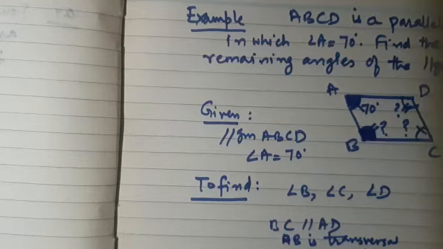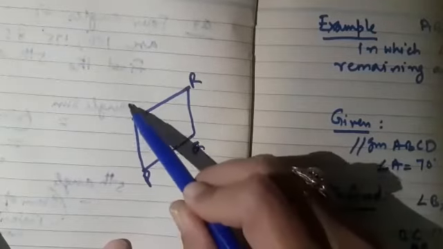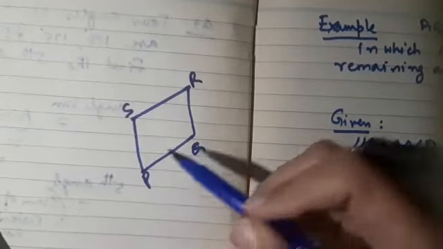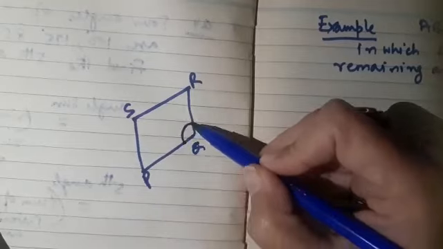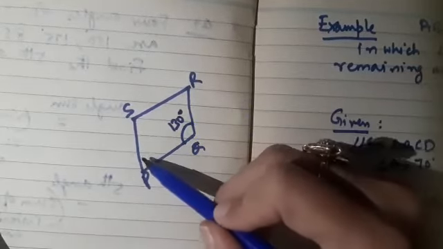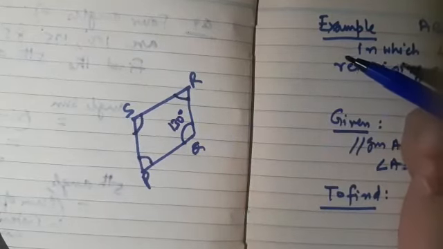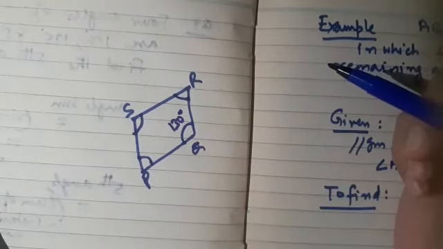So I am giving you one question now that you are going to solve. So here just consider this parallelogram. Draw this in your notebook. Here it is PQRS, right? And here angle Q is given to be 130 degrees and you have to find the remaining angles of the parallelogram.